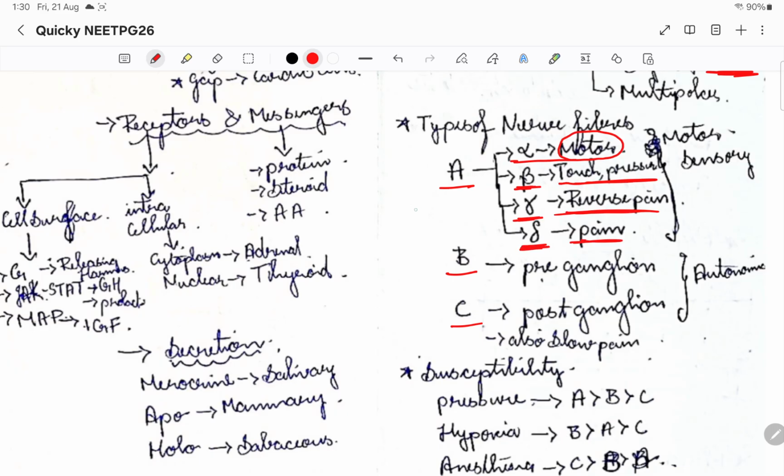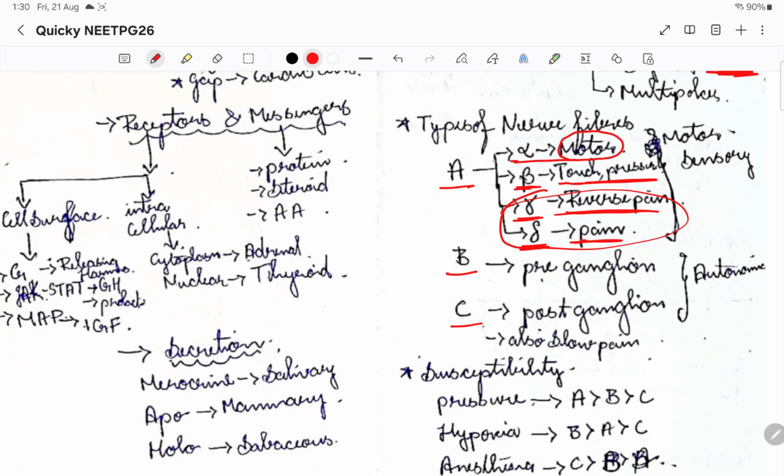The pain sensation is carried by A delta fibers; for example, if there is pain in our body, it is carried to the brain or the spinal cord by A delta fibers. Whereas if I do a massage in and around the pain, there will be a reversal of this pain, right? That is carried by A gamma fibers. Please remember gamma fibers. A gamma reverses the pain, whereas A delta carries the pain.